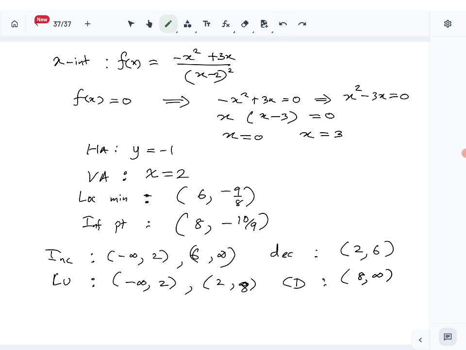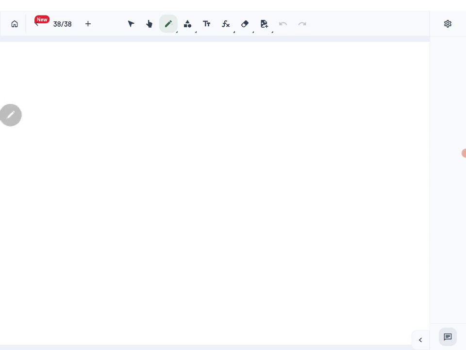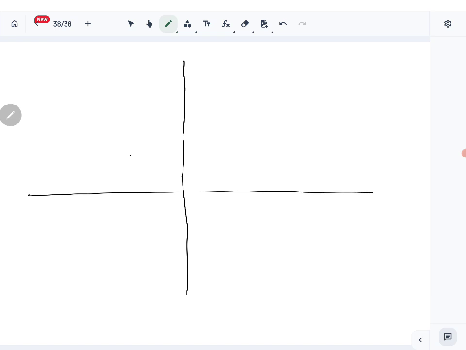So first mark the asymptotes. Y equals minus 1 and x equals 2. Y equals minus 1. Let's do x. No, if we draw it like that, that's going to be hard.